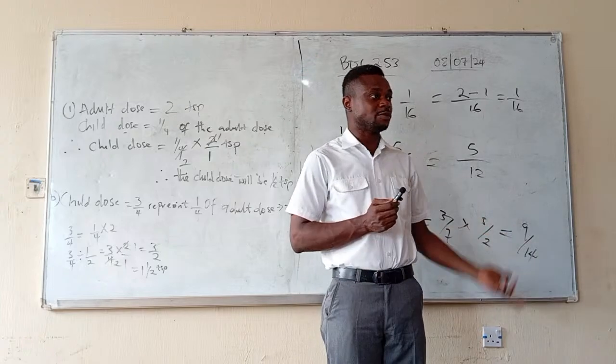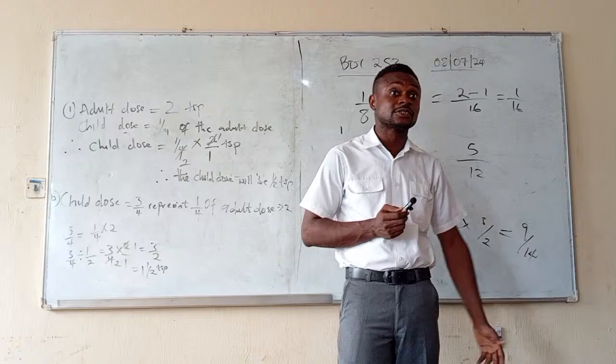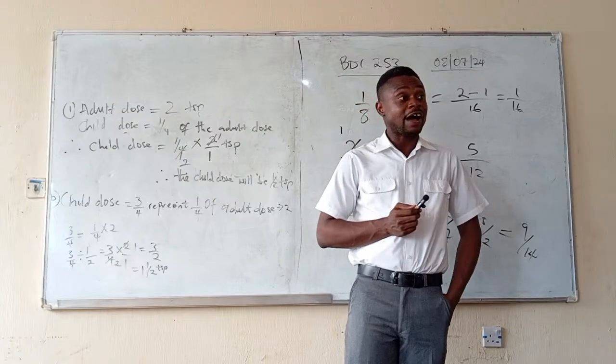You make X the subject of the formula and find the adult dose. Simple.